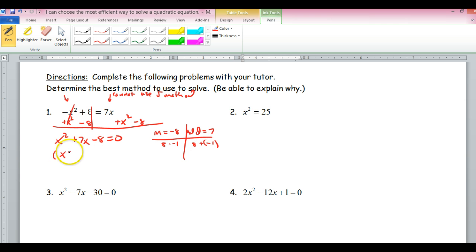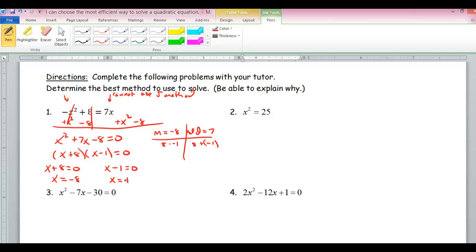So this is factorable. So we would go ahead and factor it. But if you remember the factoring method, we're not done here. We have to go and set each factor equal to 0. And x equals negative 8, x equals positive 1. Since it was an easy factoring problem, the factoring method is the most efficient way to solve that problem.